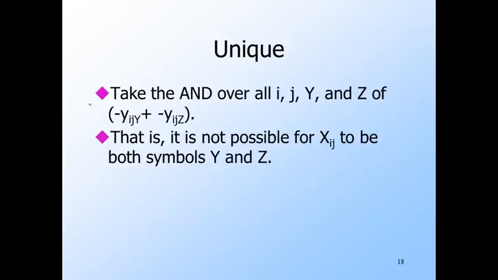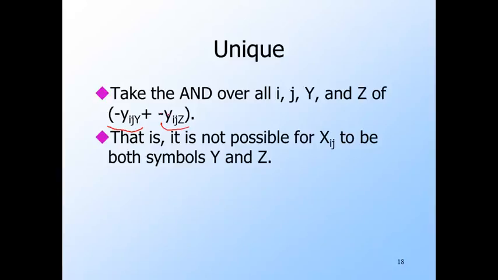For unique, we use the AND over all IDs i, positions j, and states or tape symbols Y and Z of the expression, not y_ijY or not y_ijZ. This little expression is satisfied as long as at most one of the two Boolean variables, y_ijY and y_ijZ, is true.